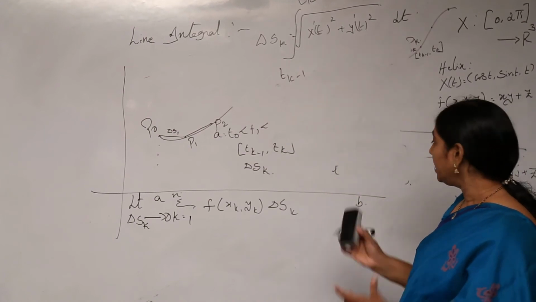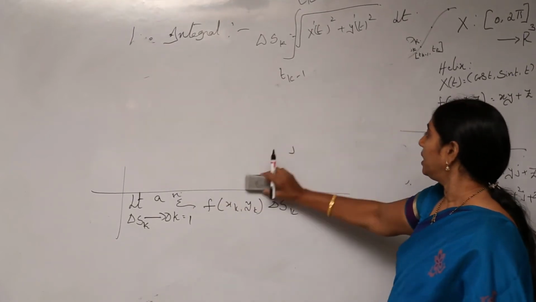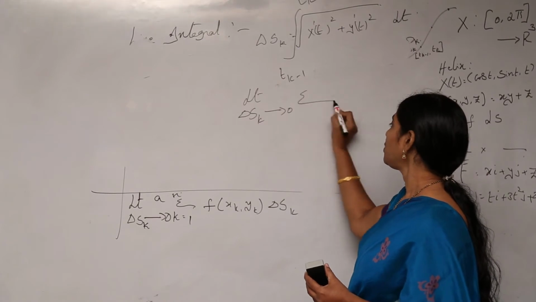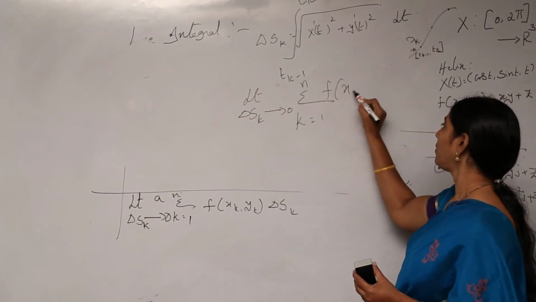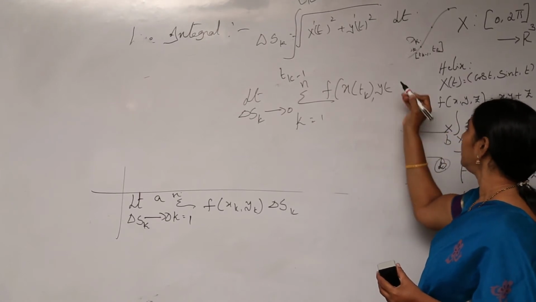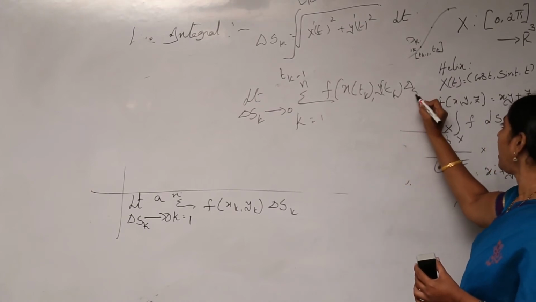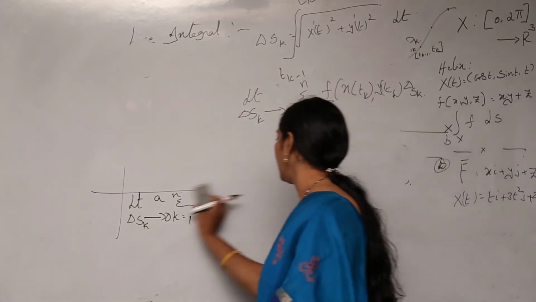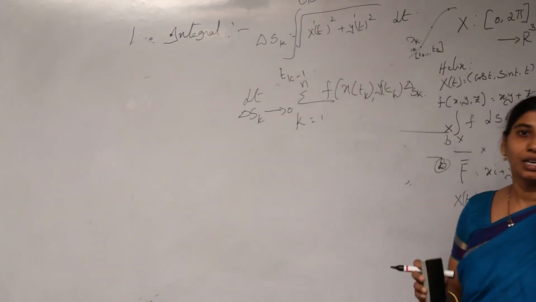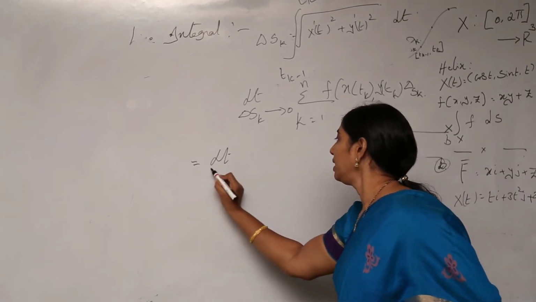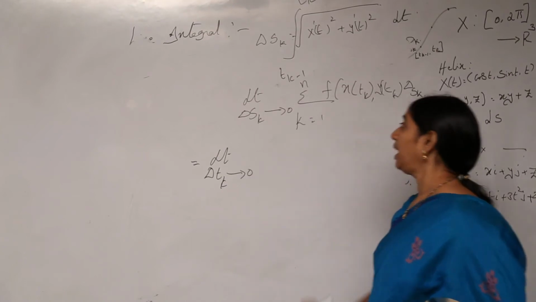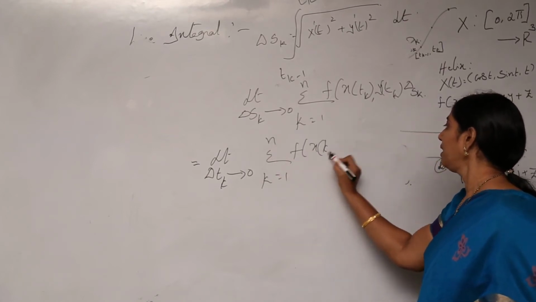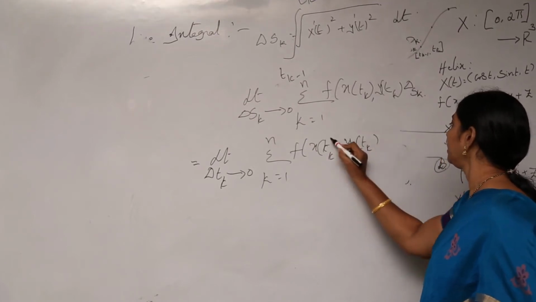So in case the limit as delta sk tends to 0, summation k runs from 1 to n f of x tk, y tk into delta sk, if it exists, then the limit is called the line integral of the function f along the curve C. Or else, if the limit as delta tk tends to 0, summation k runs from 1 to n f of x tk, comma y tk, delta sk.